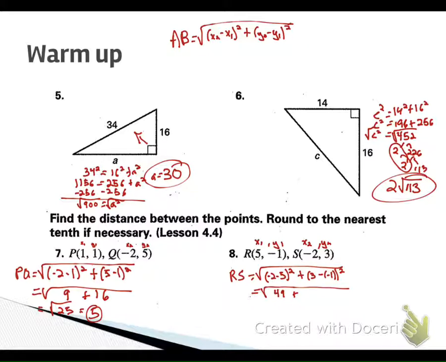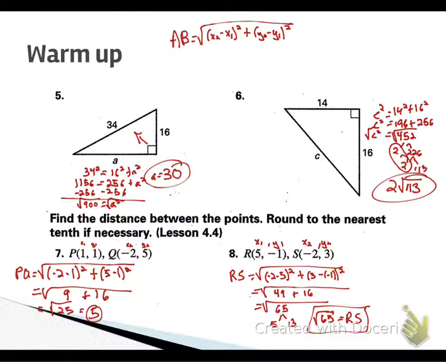So we're going to put that 16 in here. We're going to combine those two. 49 plus 16, 65. When we decide what our factors of 65 are, we can take out a 5, which is 13. Can either of those break down any further? Square root of 65. Don't forget that square root.